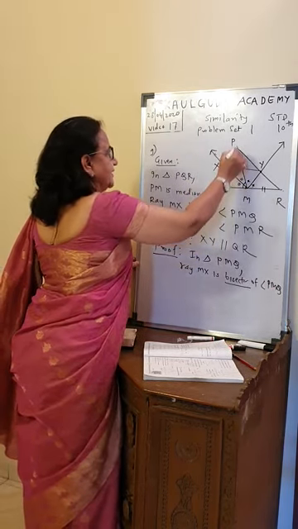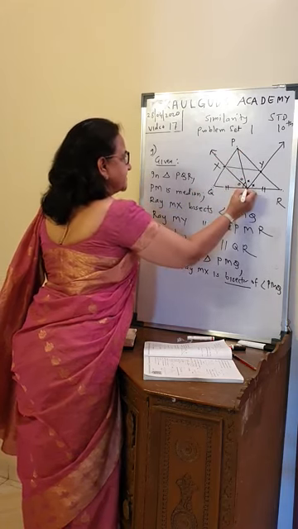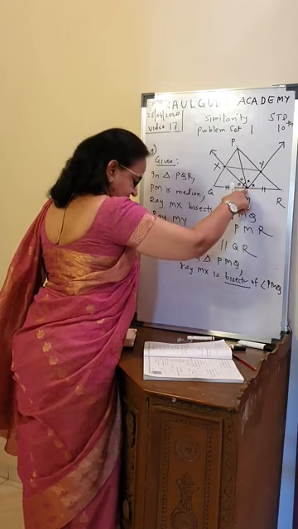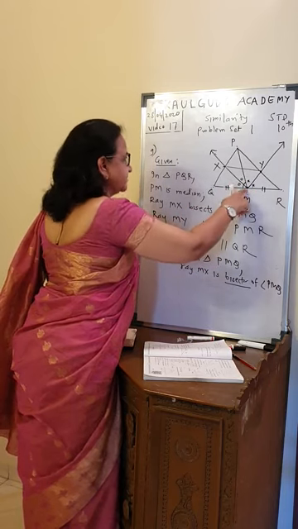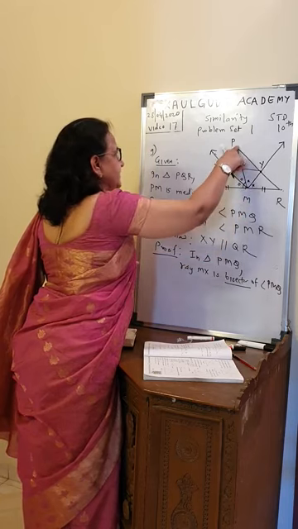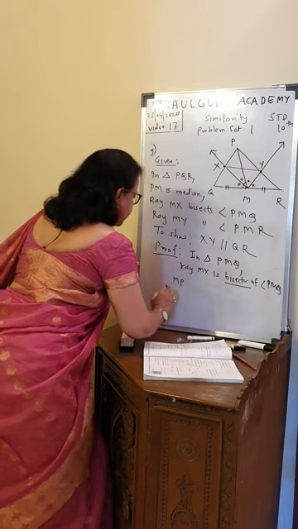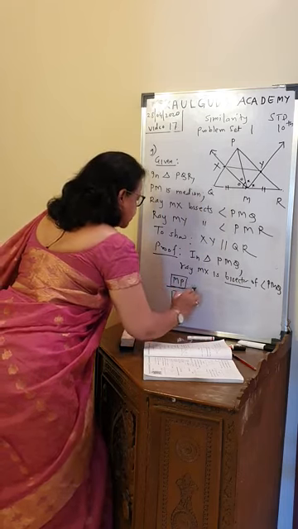Do you recall? Triangle is PMQ. MX is the bisector. So bisector starts from M. I will also start from the same vertex M. Two sides of that triangle: MP upon MQ.